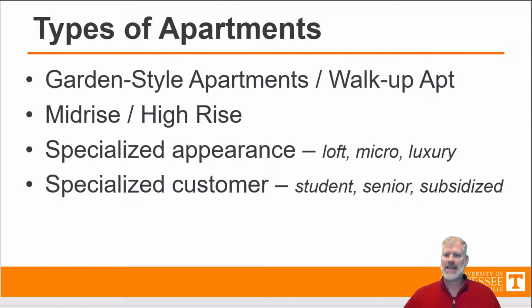This would be housing or apartments that are limited or restricted to people 55 and older, typically. That would be the senior category. And then subsidized housing is specialized along the lines of income and financial need. You'd have to have below a certain threshold in terms of area median income to qualify for subsidized housing. And this is by no means exhaustive.